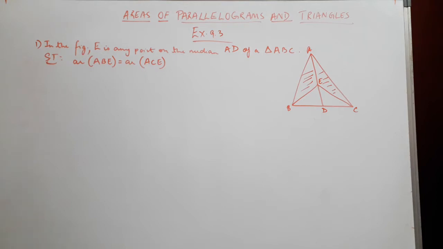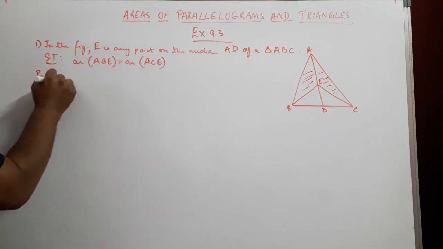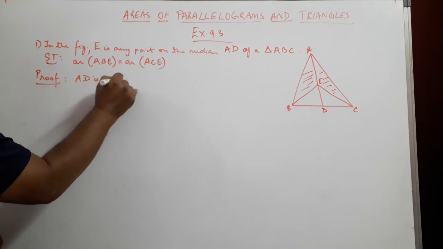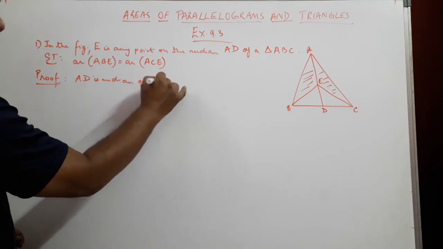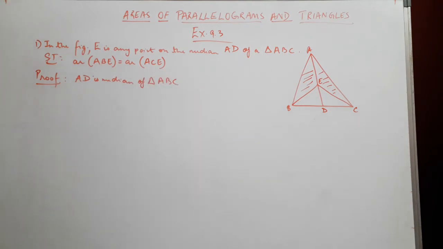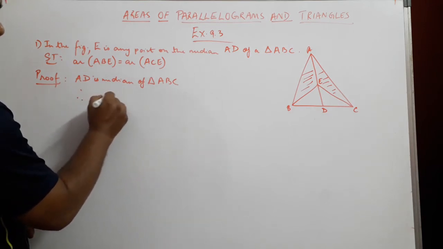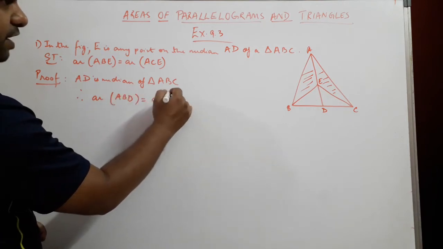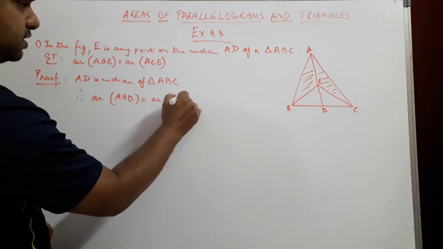So let's begin with the solution, based on what we are given, that AD is the median of triangle ABC. Proof: AD is median of triangle ABC, and therefore we can easily say that area of triangle ABD is equal to area of triangle ACD.